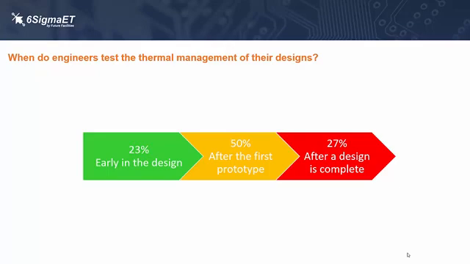They could just be using a test PCB placed in a large box, for example. And 27% of people say they're doing it after design is complete. So by this point, they could have paid for tooling, manufactured custom enclosures, and at this stage, things can start to get really expensive.